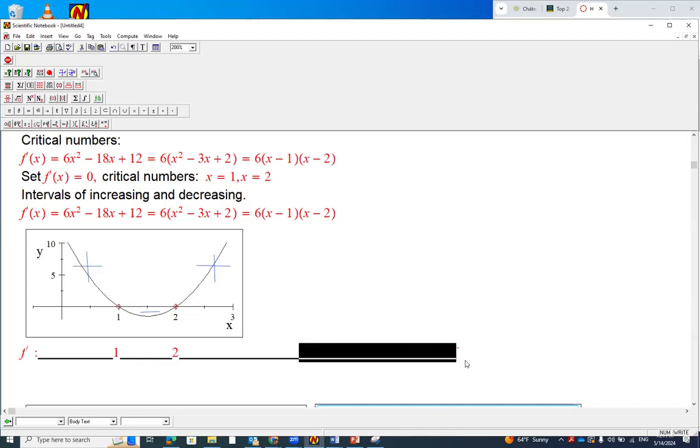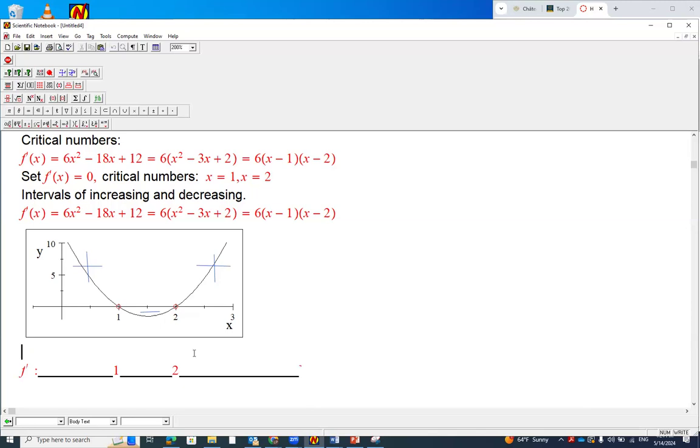From this picture, you can tell that for less than 1, the curve is positive, which means the derivative is positive here. At 1 it is 0, that's a critical number. Between 1 and 2 it is negative.